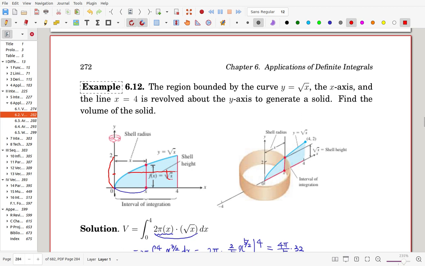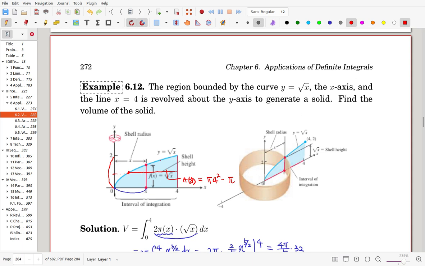Now we have to find the area of the washer. Here capital R is 4, so A(y) equals pi times 4 squared minus pi times, for the inner radius, x.